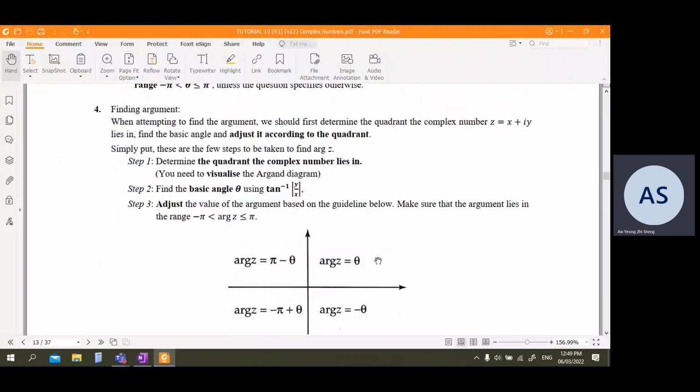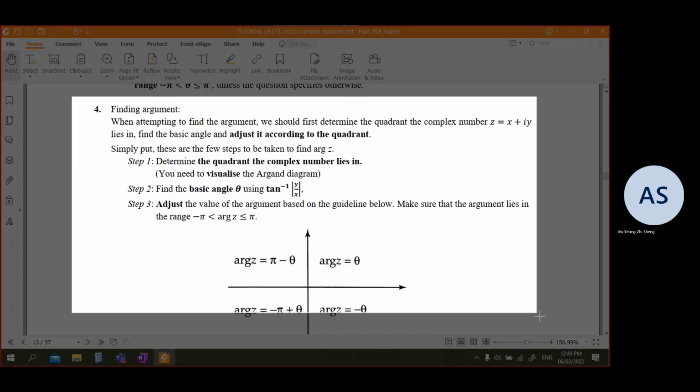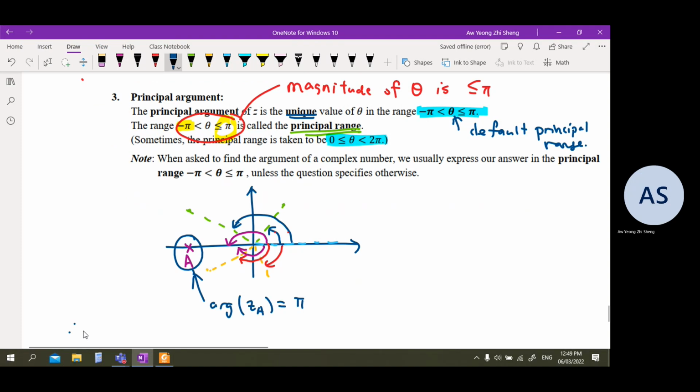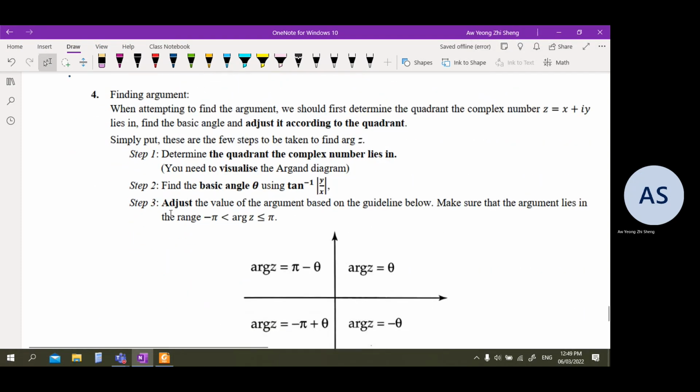Next, the procedure to find the argument of a complex number. When attempting to find the argument of a complex number, we should first determine the quadrant the complex number z equals x plus yi lies in, find the basic angle, then adjust it according to the quadrant.